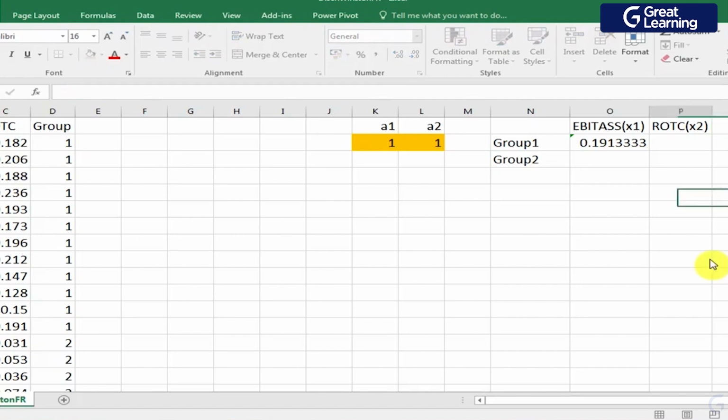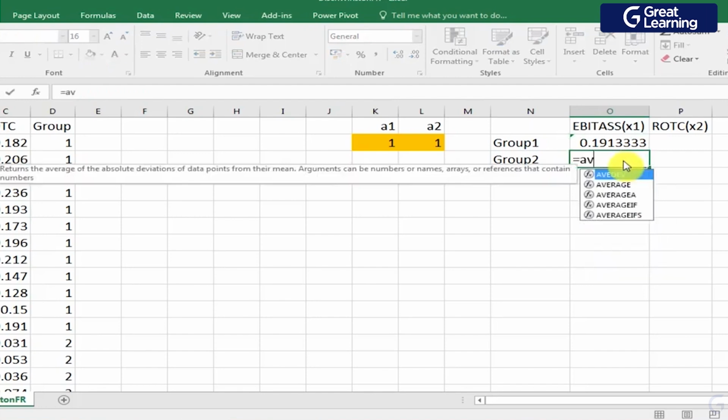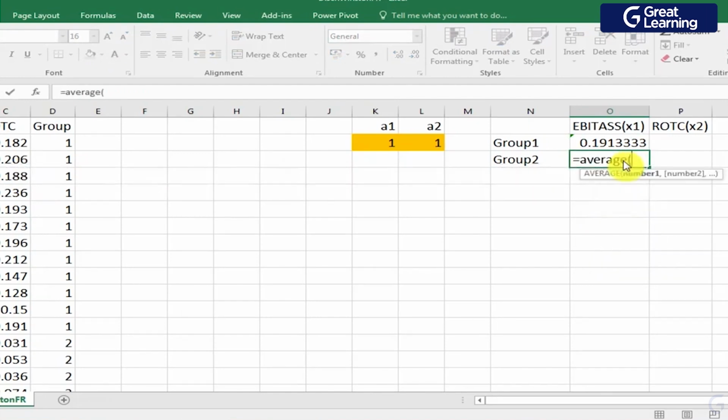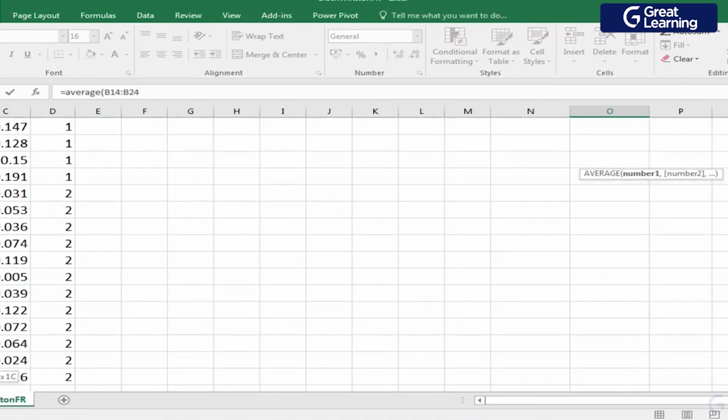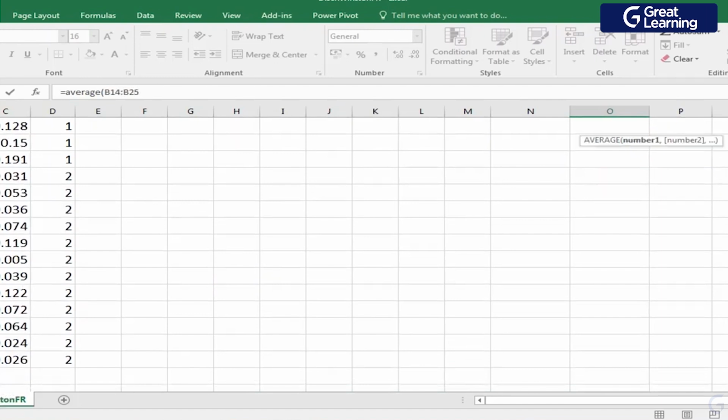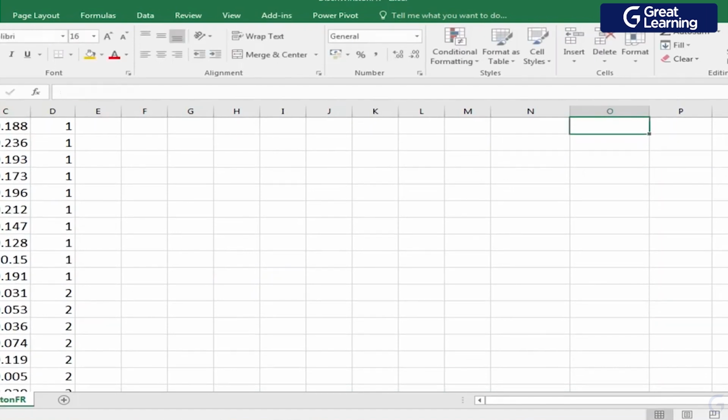Difference I will come later. First, let me complete this. Group 1, are you getting this 0.9133? Then for group 2 is equal to average from 13 onwards. I will have to put what I am getting.